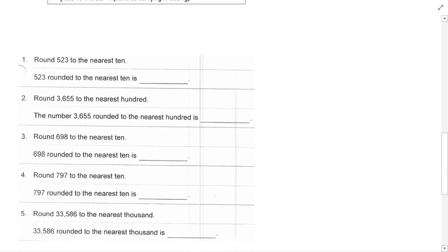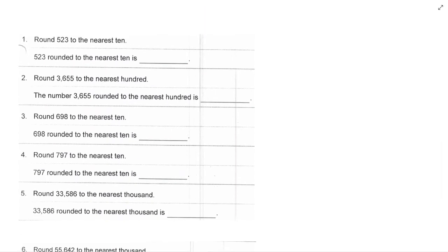Okay, the first problem. Round to the nearest 10. Now, what's super important is that you actually look at the number sitting in the tens place. The next thing you do is look to the number to the right of it because it tells you what to do.